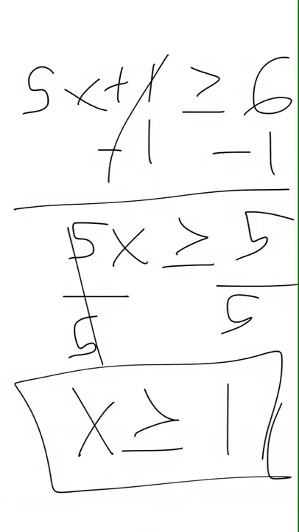So now, if you want to graph this, our two numbers were negative 3 and positive 1. Now for the negative 3, it was strictly less than, so it would be a parenthesis. That's how your book tells you to draw it.